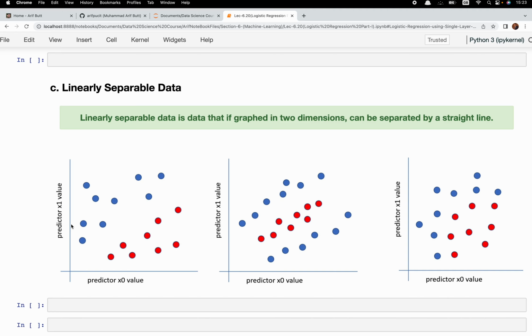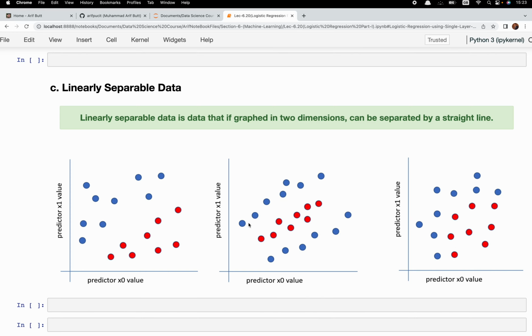The class to which the data points belong is represented by colors or maybe by symbols like circles or crosses. Well, in all these three graphs, the data points represented by blue color belong to, say, class 0, while the data points represented by red color belong to class 1. I think the geometric representation of these graphs is clear.